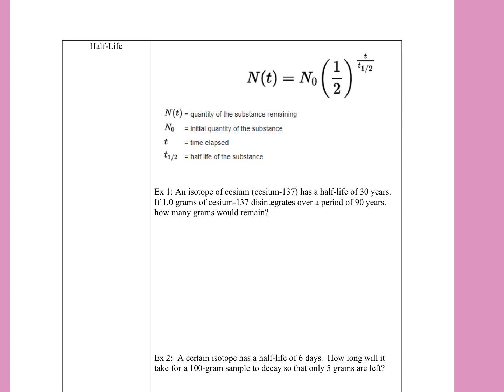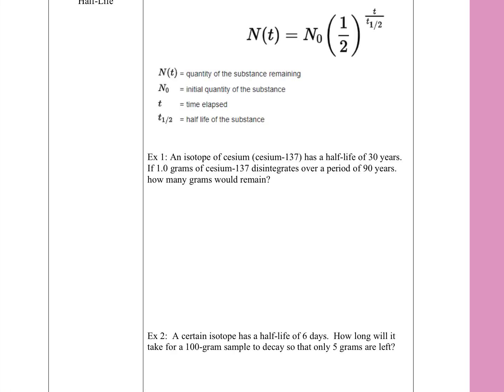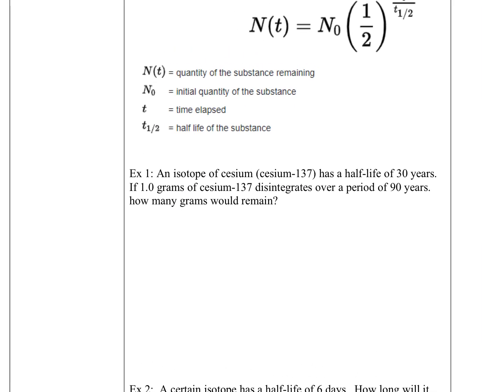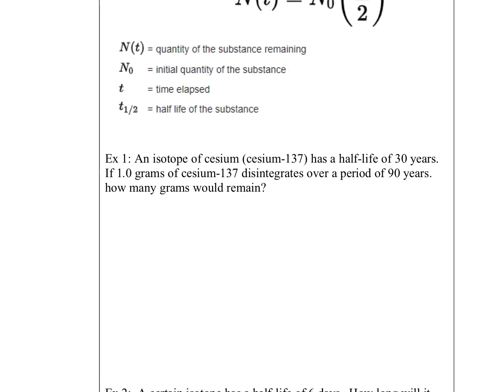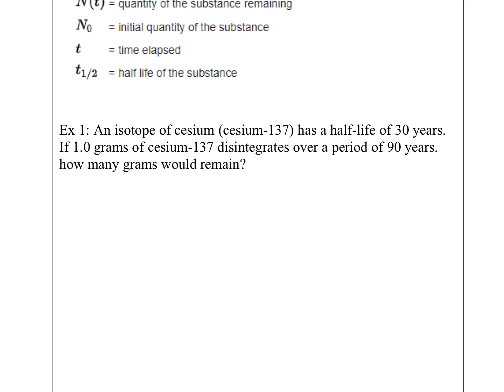Okay, so an isotope, sorry, I'm not a science teacher, I butchered that. An isotope of cesium has a half-life of 30 years. If 1 gram of cesium-137 disintegrates over a period of 90 years, how many grams would remain? Okay, so big things here.